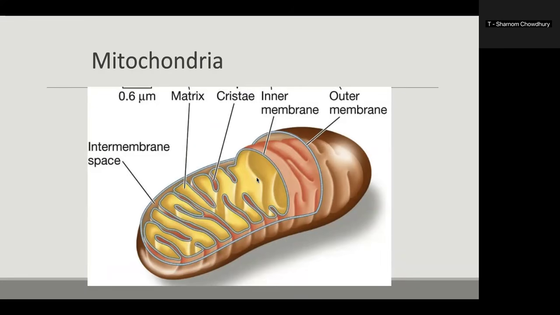So in order from outside to inside, it goes outer membrane, intermembrane space, inner membrane, and then the matrix. And your cristae are just the folds caused by the inner membrane protruding into the matrix. These folds are known as cristae.